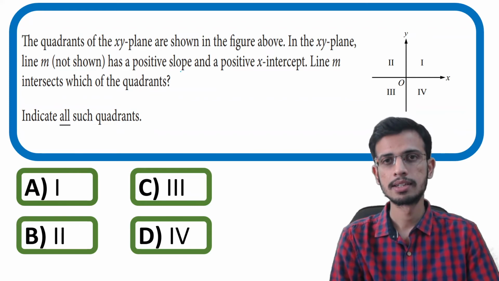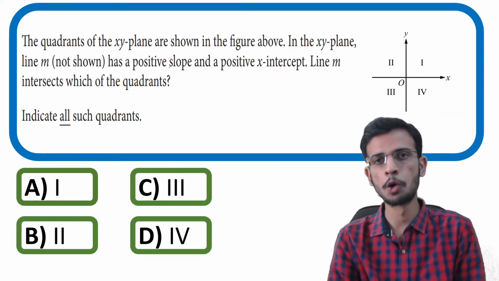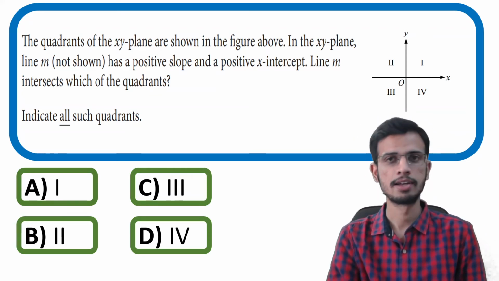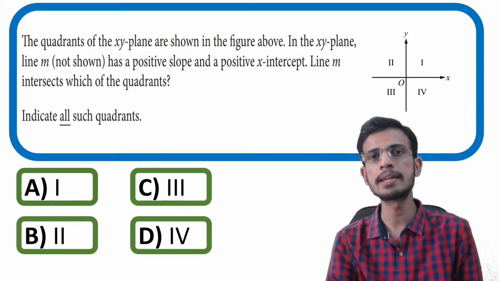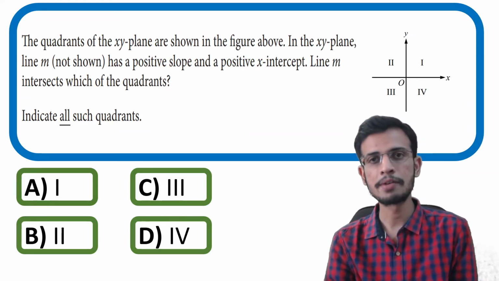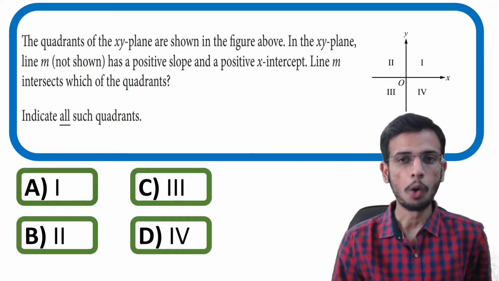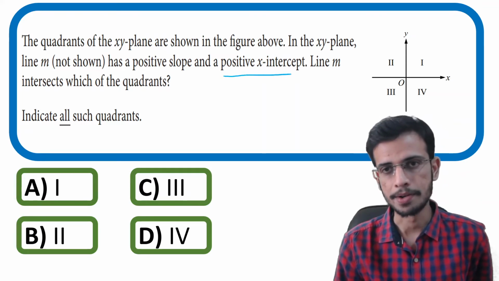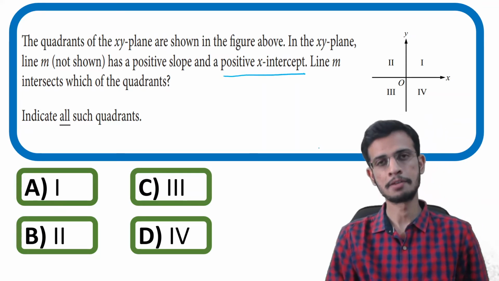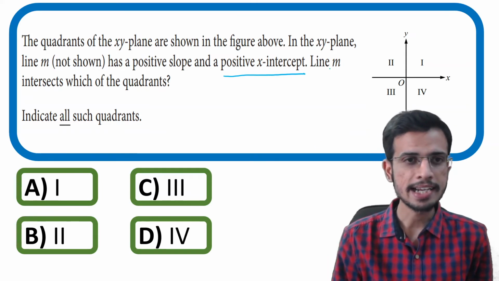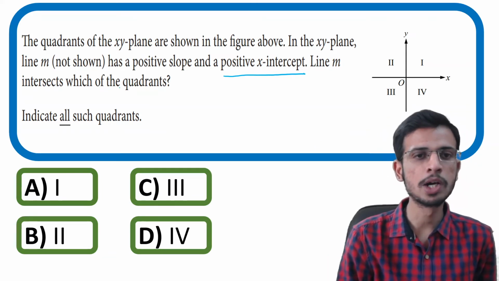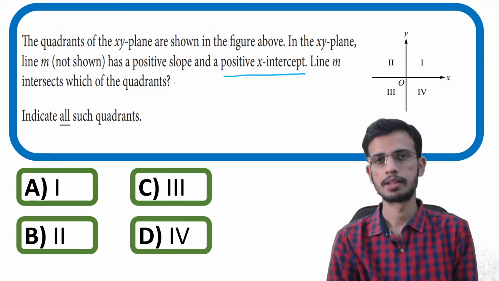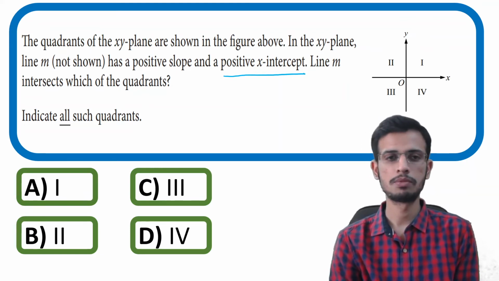What does it mean? Positive slope means the angle made by the line with the positive x-axis will be between 0 to 90 degrees. Also positive x-intercept. What does it mean? We'll also explain, don't worry. Line M intersects which of the quadrants?